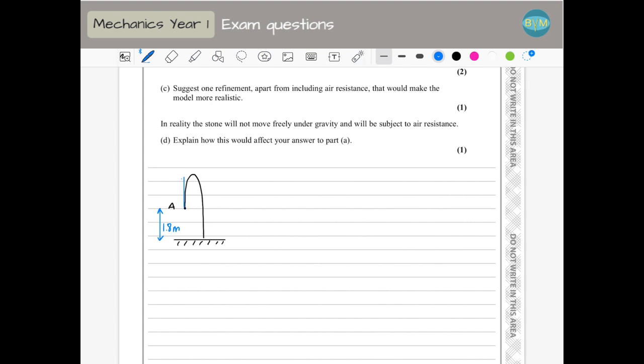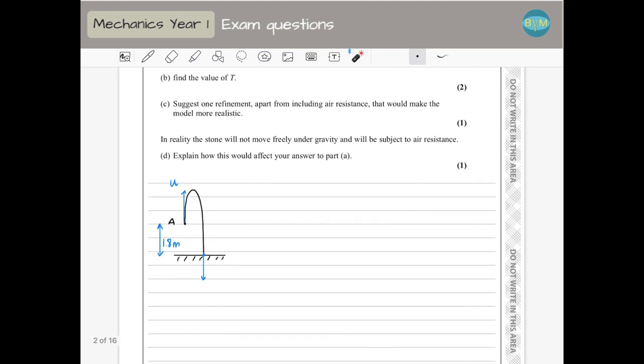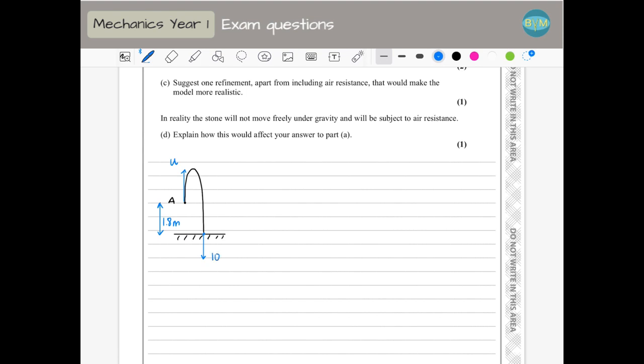They say it is u, and we need to find it, but we know the final velocity here, which is 10 meters per second, and it's down, because when the particle goes down, the velocity is down. We need to find the initial velocity and the time of flight.